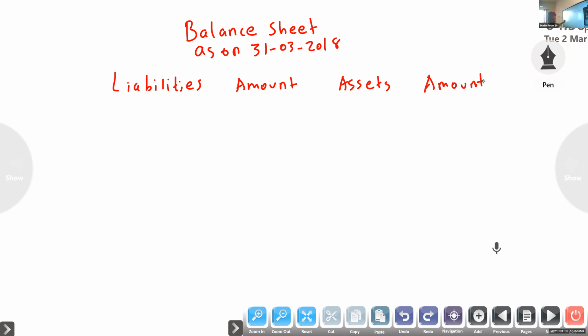Stock, closing stock, asset or liability? Asset. Yes, assets. So stock of medicines. Only closing we are preparing. Closing you have to write on the asset side. Then creditors for medicines, asset or liability?